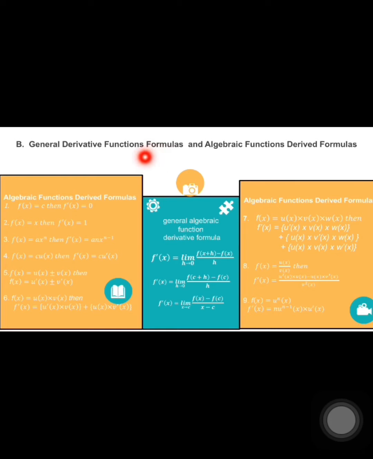It's up to you to use which, depending on the question request. If there is no question request, easier in my opinion, we use a special formula, because using a general formula requires more steps than the special formula. Okay, we will discuss it one by one.